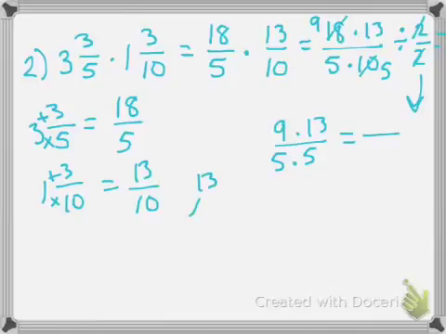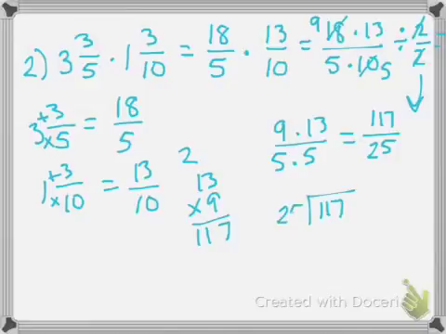13 times 9 in the numerator. 9 times 3, or 3 times 9, is 27. 9 times 1 is 9 plus 2 is 11, so 117. Okay. 5 times 5 is 25. Let's make it a mixed number again. So we'll divide 117 by 25, and we'll see how many times 25 fits into 117.